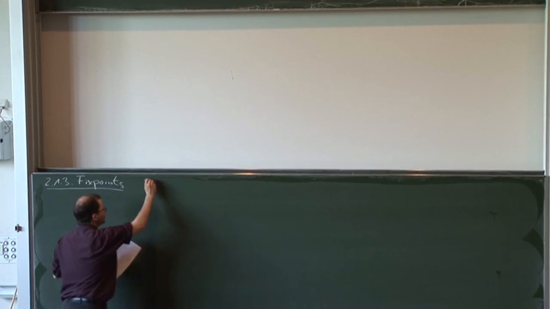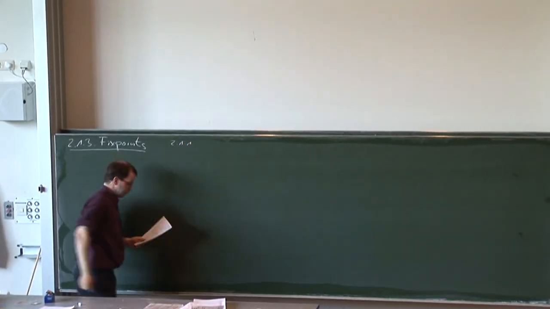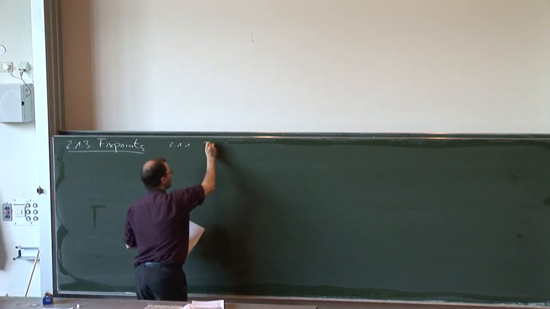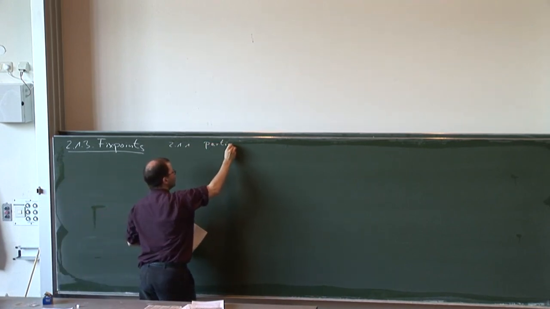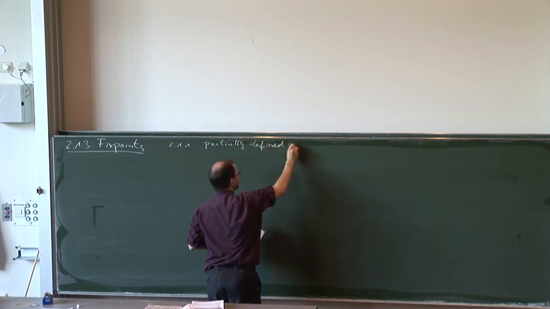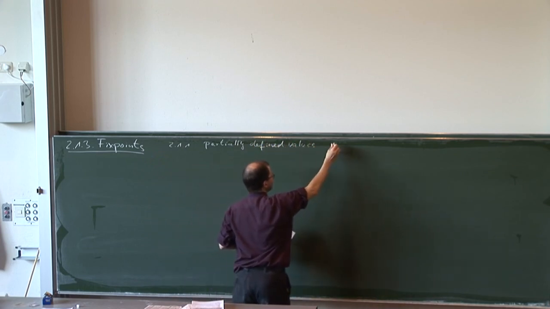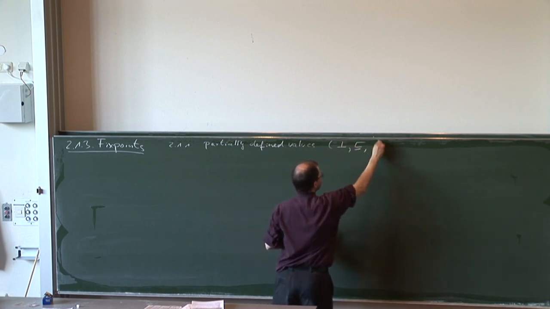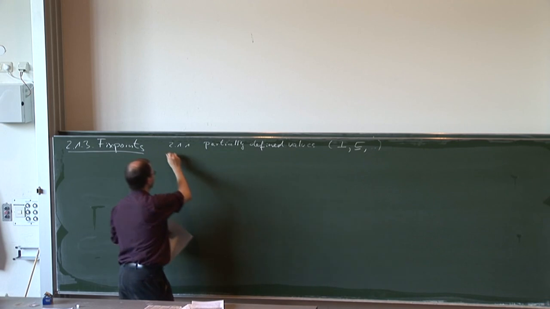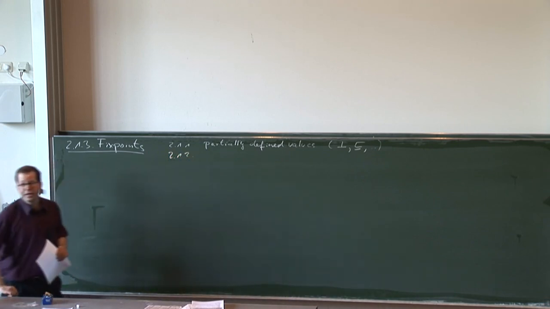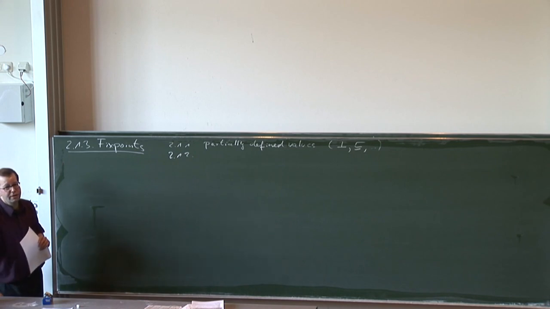So what we've done now is in 2.1.1, we spoke about partially defined values. We needed this to introduce things like bottom and things like the less defined or equal relation.